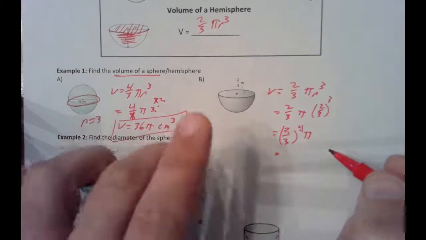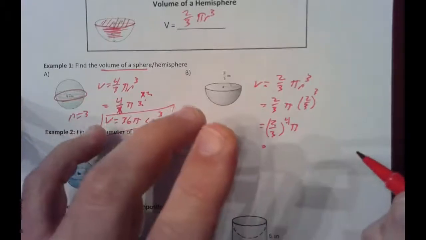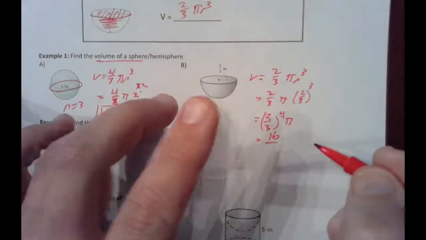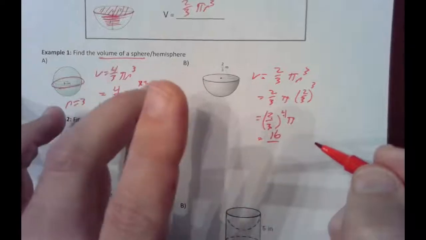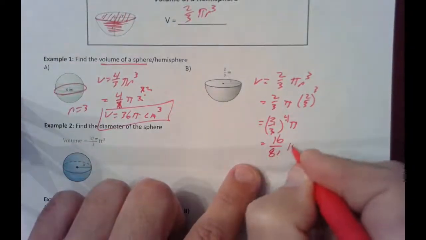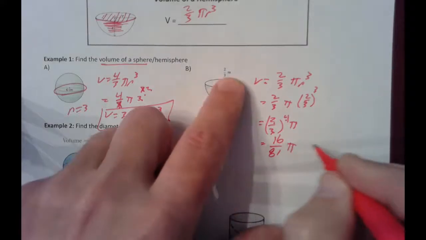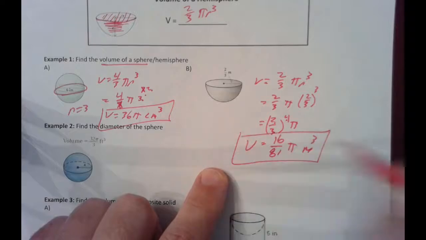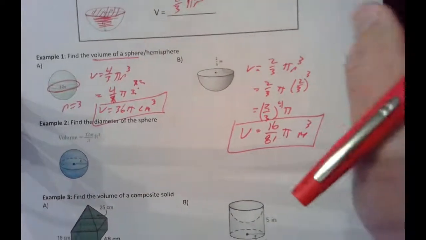So 2, 4, 8, 16. 3 times 3 is 9. 3 times 3 is 9. 9 times 9 is 81. 81 pi. There you go. And now we have meters cubed. Put a little V in front. People like the V in front. People like the boxes. There we go.